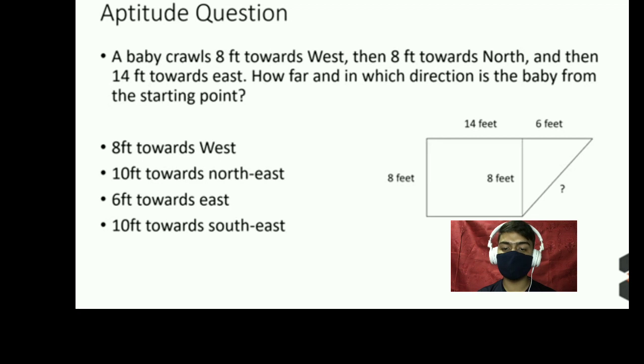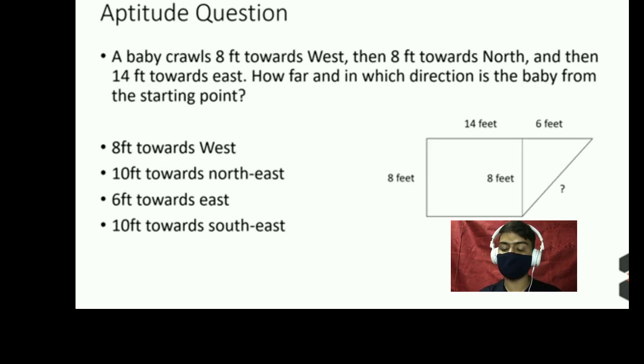Let's move into the next question. It's an aptitude question. A baby crawls 8 feet towards west, then 8 feet towards north, and then 14 feet towards east. How far and in which direction is the baby from the starting point? From the diagram, as you can see, it is in the northeast.